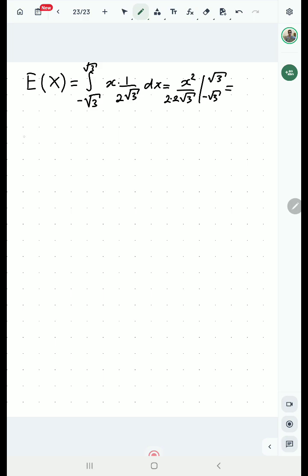And if you do that, you receive 3 over 4 square root of 3 minus, and then minus 3 over 4 square root of 3. In the end, you receive 6 over 4 square root of 3, right?